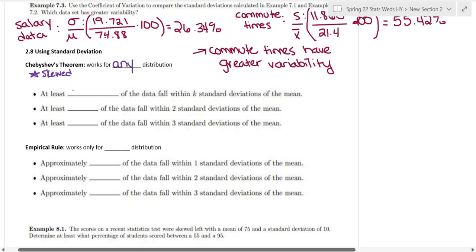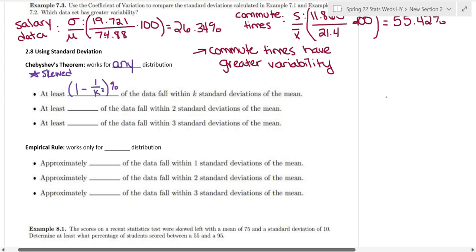So the definition is this: at least 1 minus 1 over k squared percent of data fall within k standard deviations of the mean. What does that mean? How much percent of data falls within 2 standard deviations of the mean?